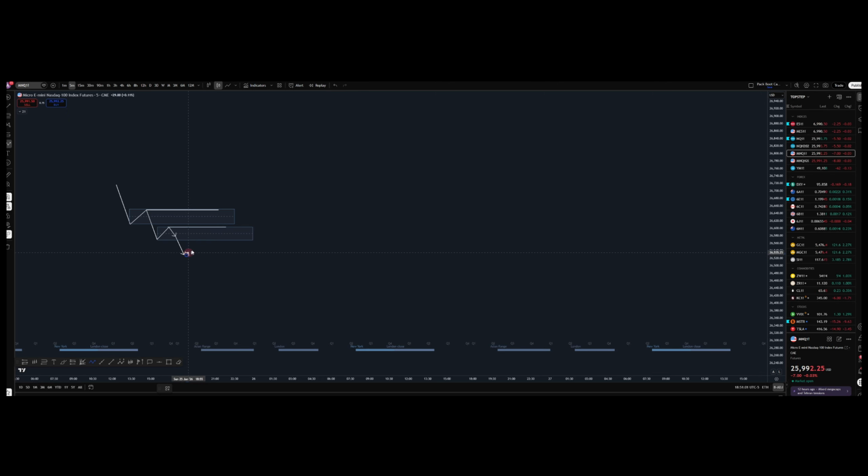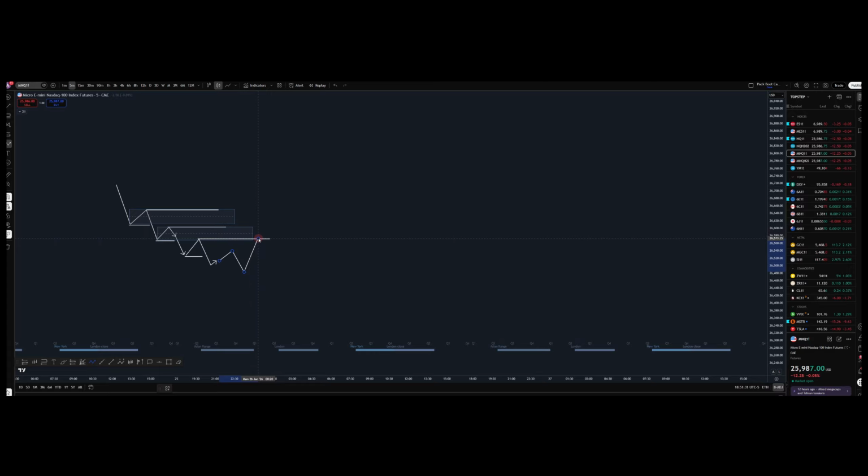And we just keep doing that down. So we break again. This becomes our next one. As soon as we break that low, then another one there.